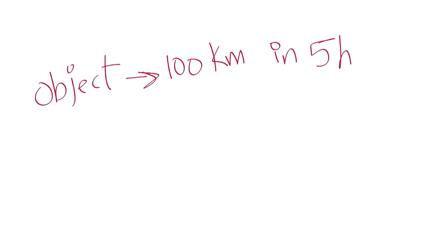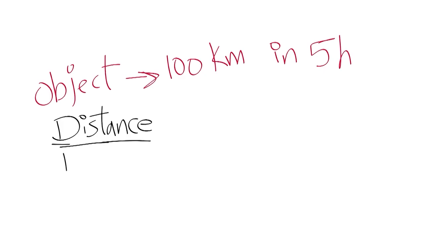At the beginning, I have to write the rule. If I want to measure the speed, we have steps. The first step is writing the rule. As we said, speed equals distance over time, or distance divided by time. Now, let's apply.